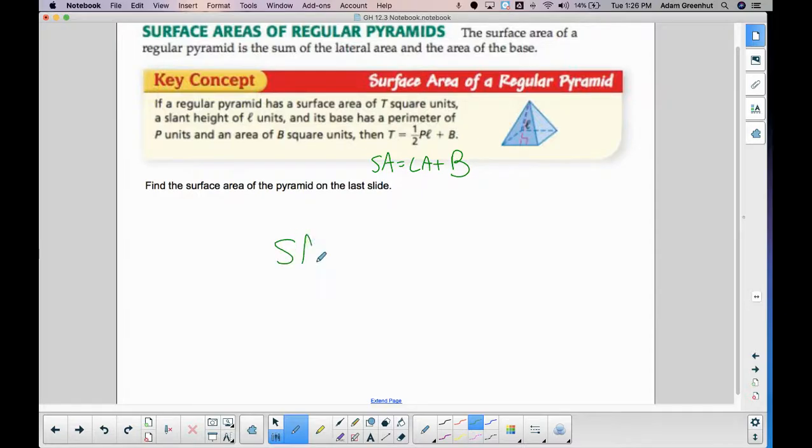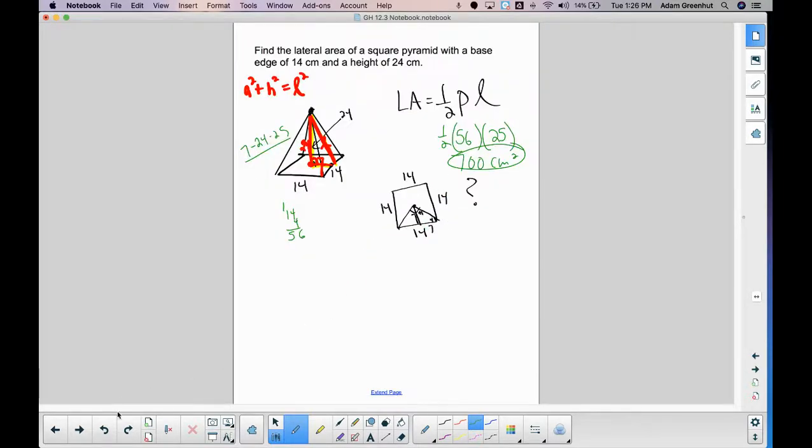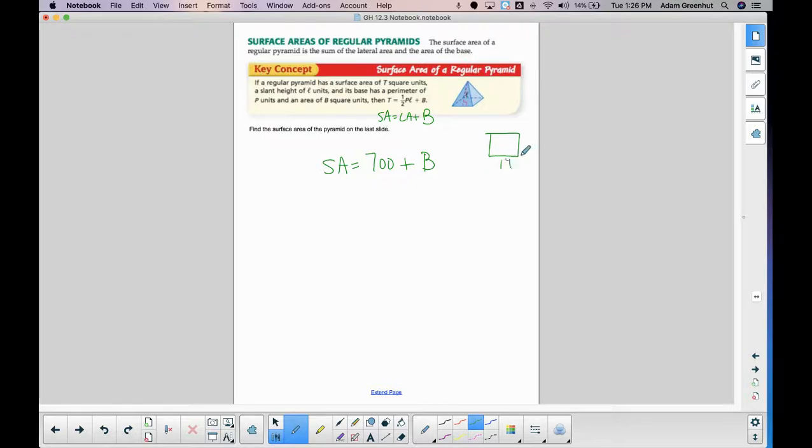So our surface area, we're going to take our lateral area, which is 700, and we're going to add the area of the base. And if you remember from the last slide, the base was just a square with a side length of 14. So 700 plus 14 squared, which is 196. And I get a total surface area of 896 centimeters squared.